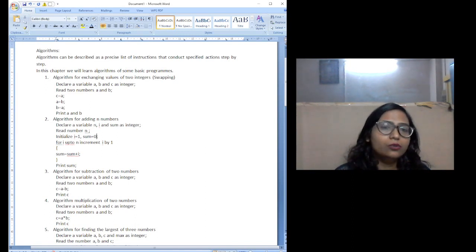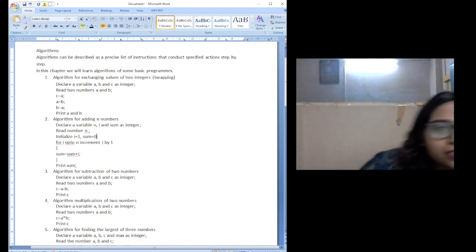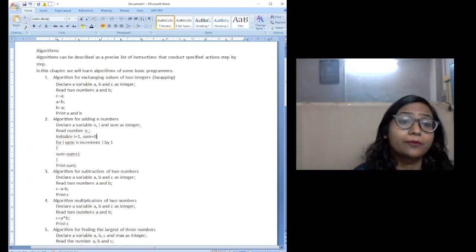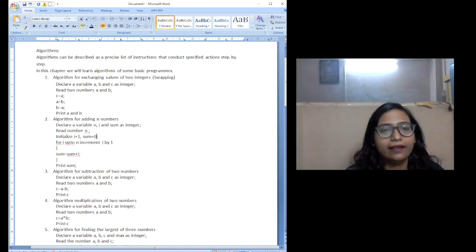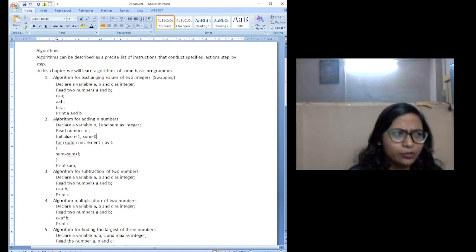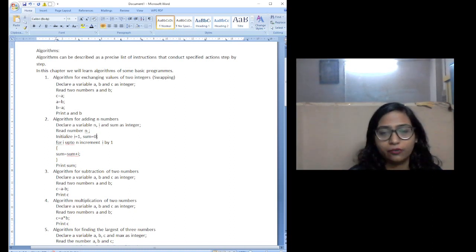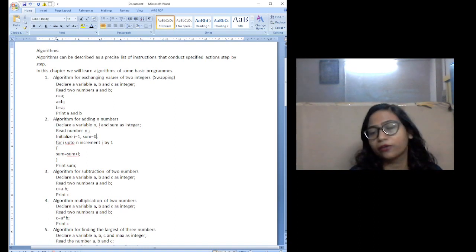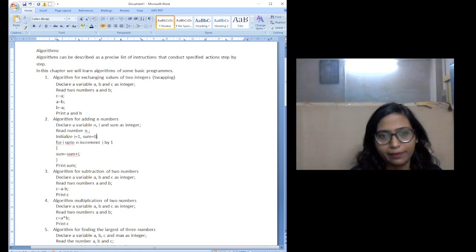Okay. So algorithm is basically a step-by-step instruction which says how a program should be written in different programming languages. It could be C, it could be Java, it could be C++. There are so many programming languages.